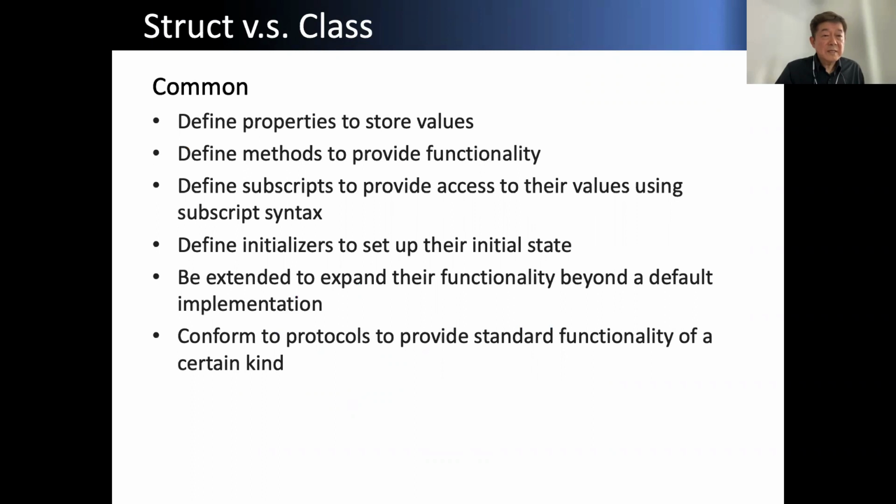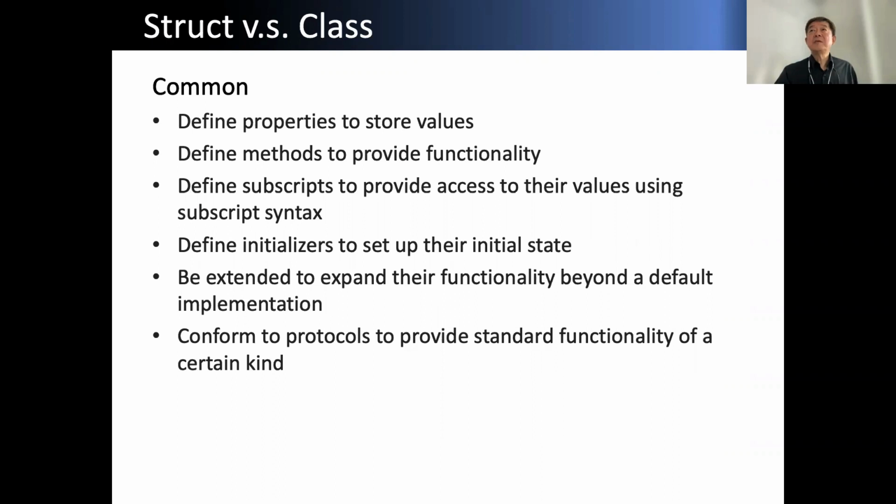So struct and class are very similar. In pure object-oriented programming, there's no struct, only class. For example, Java has only class, and Python has only class available. Struct comes from the C language.